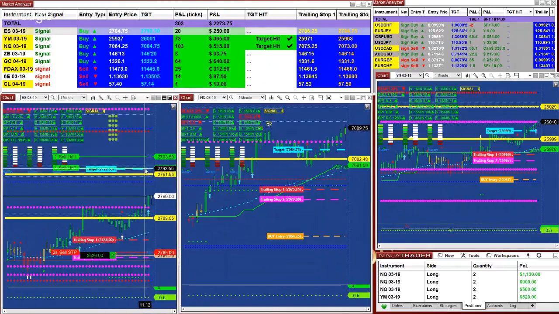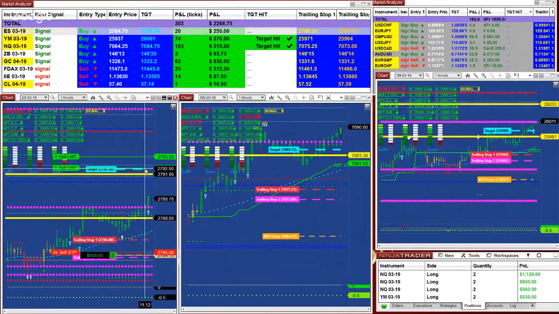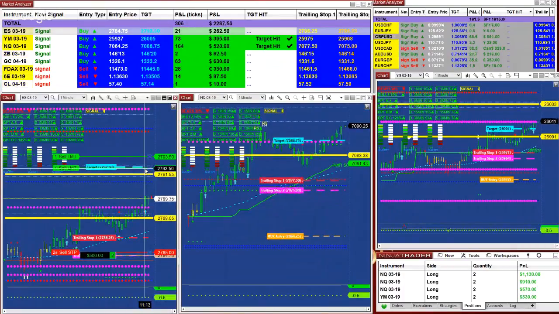So the target has been readjusted on your chart, folks, and now the target has gone up to 92.50.